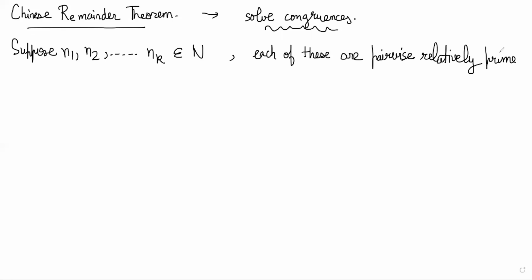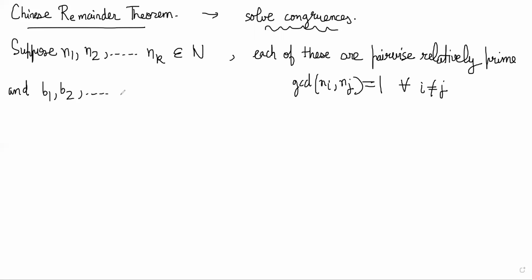Basically, that means that GCD of ni, nj is equal to 1 for all i not equal to j, right? All of these numbers are pairwise relatively prime. Similarly, there is another set of numbers b1, b2 till bk, which also belong to N, right? Actually, this can be integer Z.